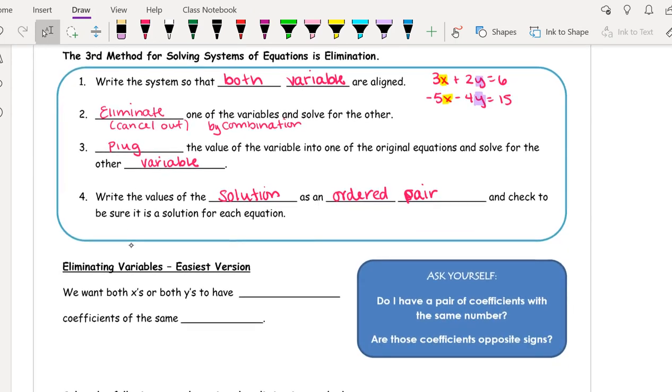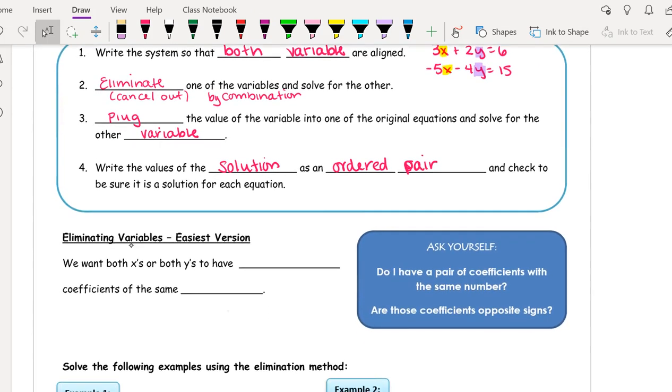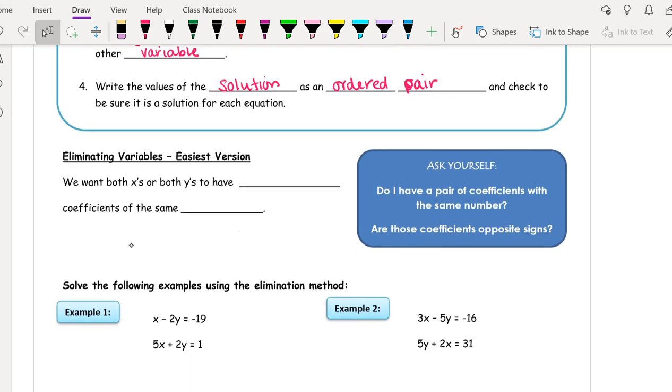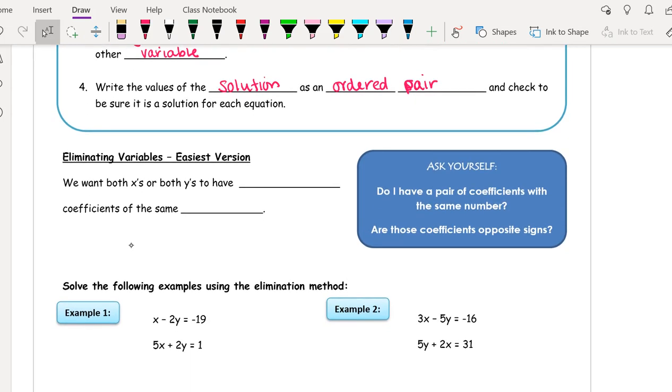So I'm going to do the easiest version today, and it really is pretty simple. The variables will already be set up to eliminate. So we want both x's or both y's to have opposite coefficients. So that's one positive, one negative, those are opposites, of the same value. That means if I have a positive 4 as a coefficient, I also want to have a negative 4.